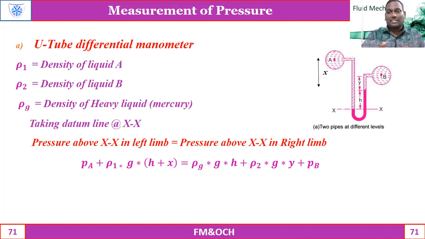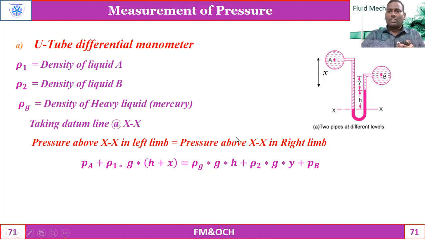The pressure above X-X on the left limb is PA plus ρ1 into g into the height, and we need to add x. Now we need to equate this with the right limb of this U-tube manometer.